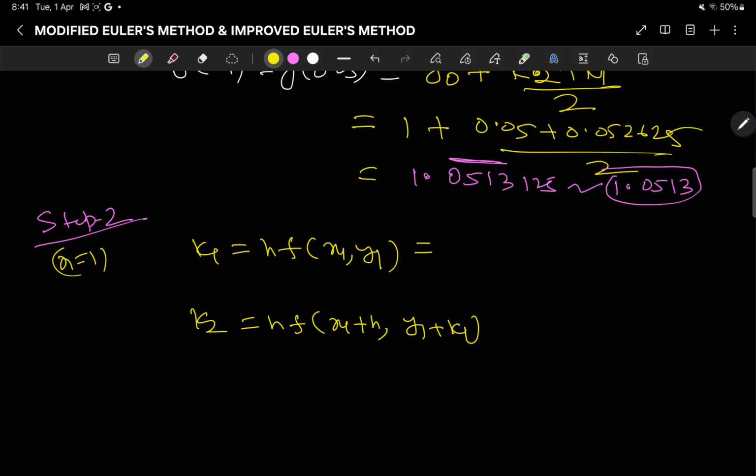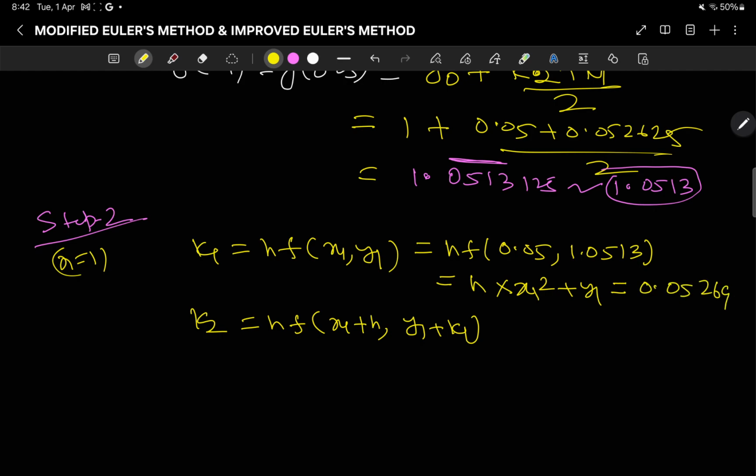So h f(x1, y1) is h f(0.05, 1.0513), and if I simplify it, it is h into (x1 square plus y1), and if you simplify it, it will be 0.05269.